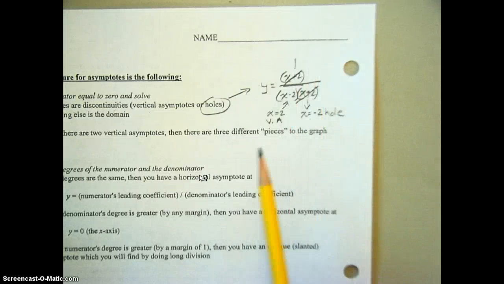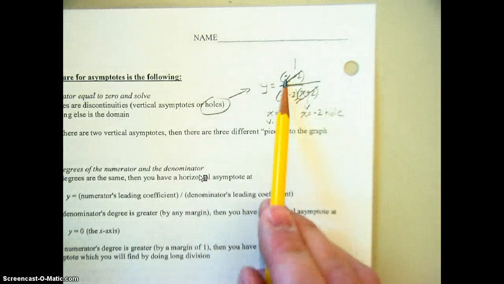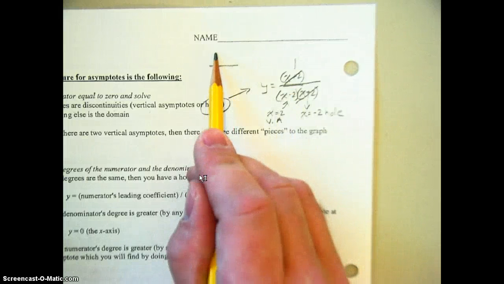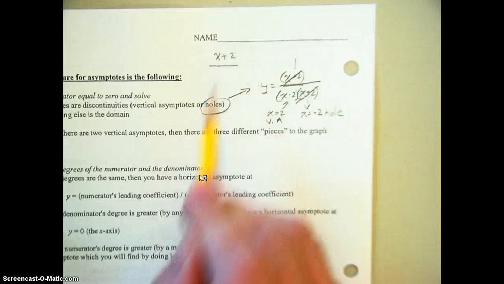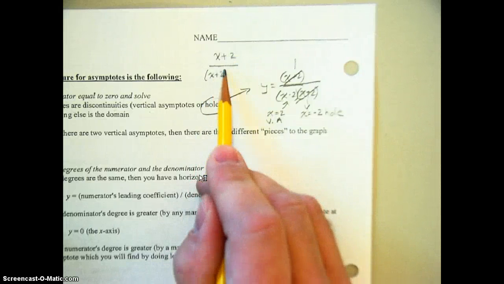Are the degrees the same or different on top and bottom? Different. On top, we start out with a linear, right? On bottom, what do we start out with? Quadratic.